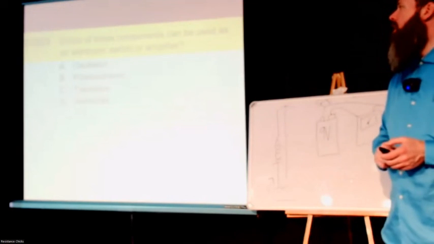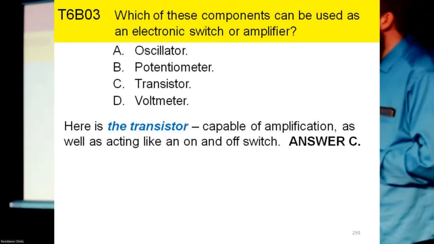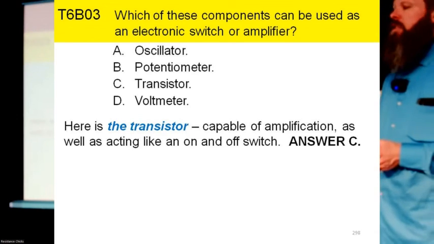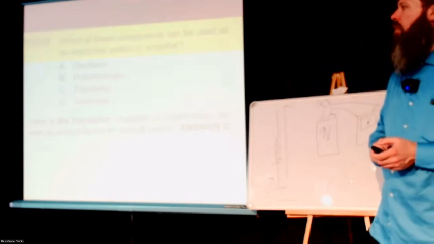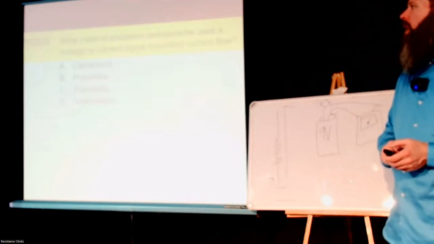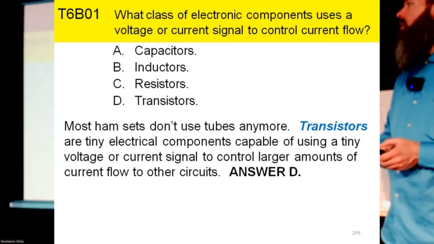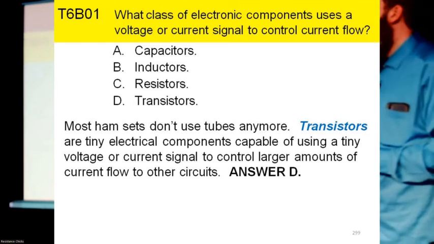Which of these components can be used as an electronic switch or amplifier? That's a transistor. So transistors can switch or amplify. What class of electronic component uses a voltage or current signal to control current flow?